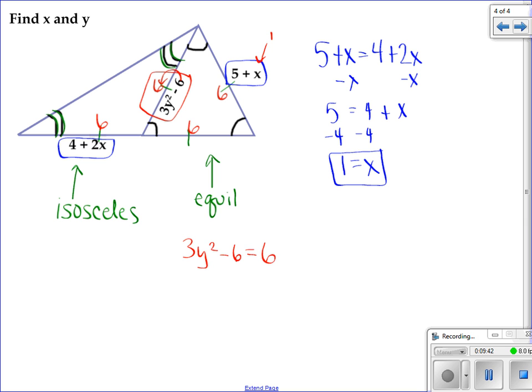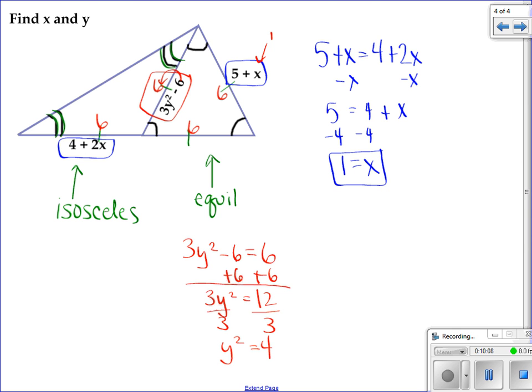What would we do first? Now what? Divide by 3. You don't have to do the math, it's still equal. We have to find y. So we got y squared equals 4.